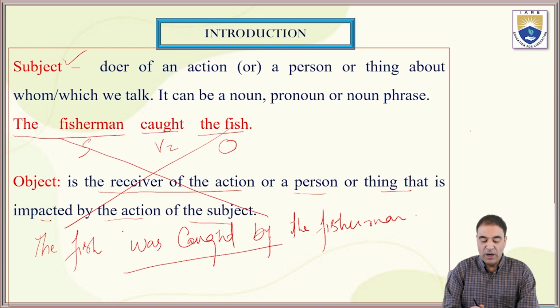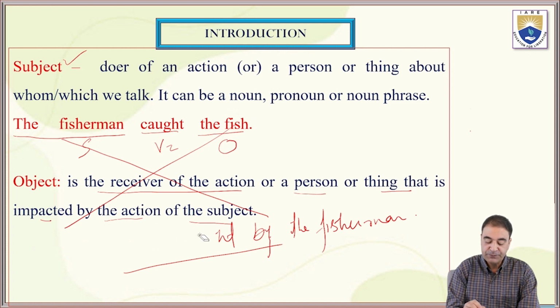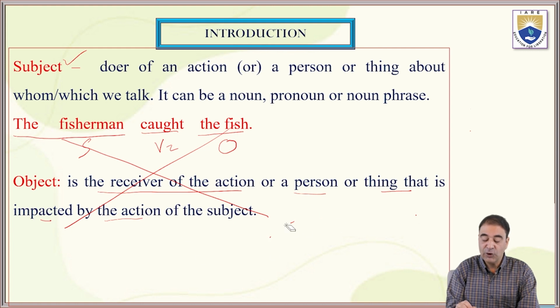This is the passive voice of the fisherman caught the fish. Now, if you look at the first sentence, we have the fish. The fish is an object. Why? Because it is the receiver of an action.